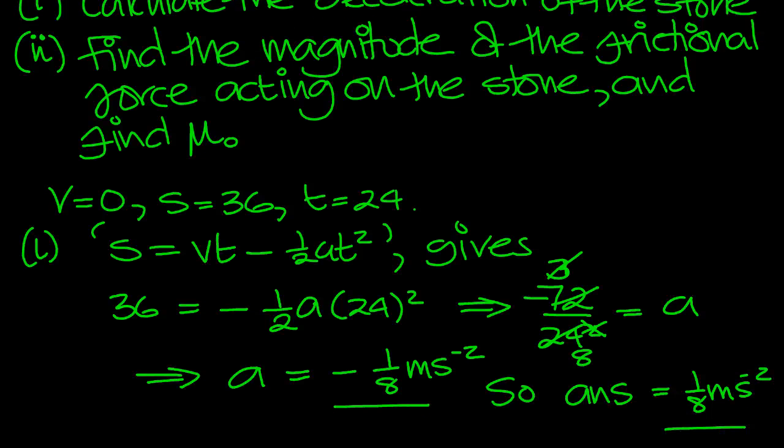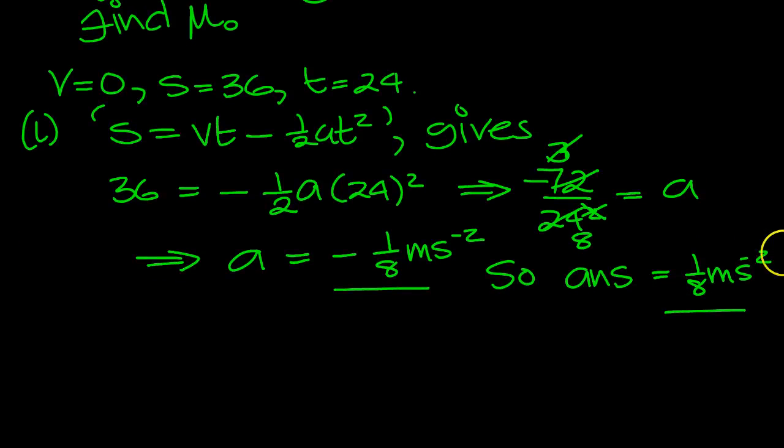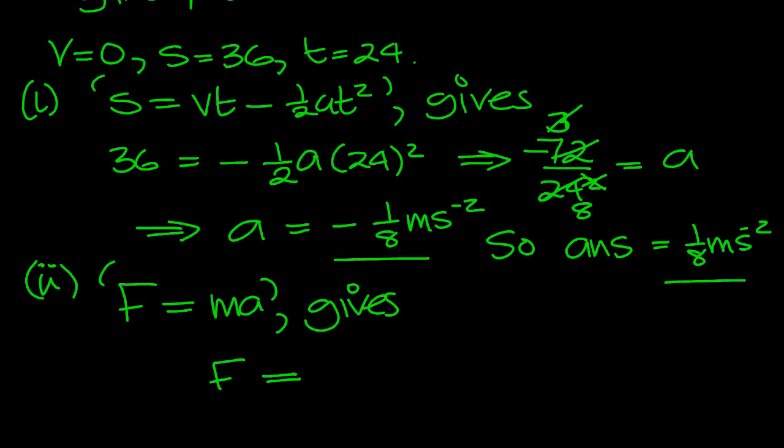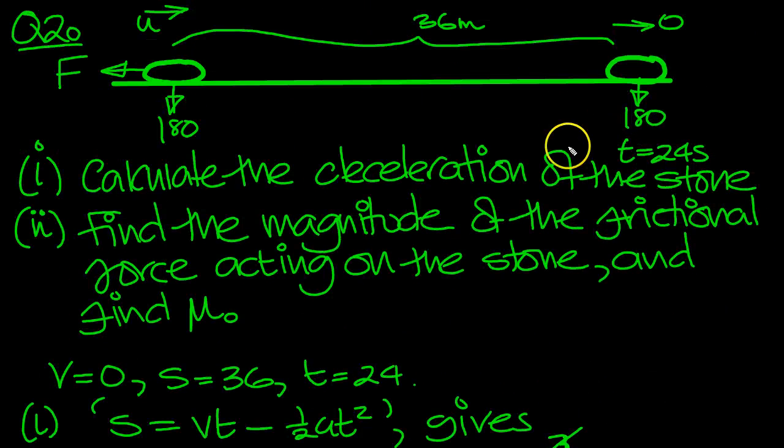Find the magnitude of the frictional force acting on the stone and find mu. So the force acting on the stone is equal to mass times acceleration. Well, F, the force, which we want, is equal to the mass. Now the mass, the weight is 180, so 180 is equal to mg.